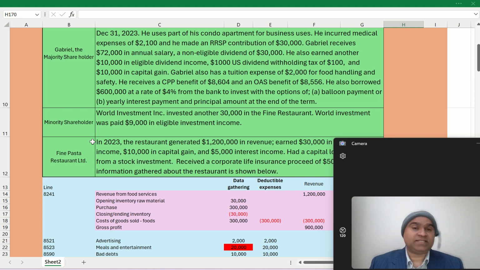Everything else is the same. The dividend amount is 30,000 for Gabriel, and World Investment Inc. would receive eligible dividend income from the Fine Pasta Restaurant Limited for $9,000. The dividend payment rate is 30%, if I'm not mistaken.